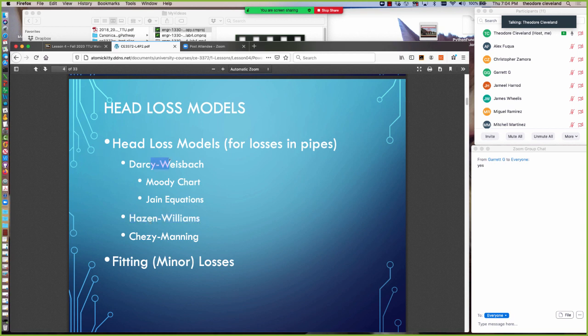So we're going to study the Darcy-Weisbach equation anyway, because we had that in fluid mechanics. You may recall the Moody chart. We'll do a quick review of that. But in this course, it's not particularly useful. It's not useless, but it's not the tool of choice. The tool of choice is what I've labeled the Jain equations.